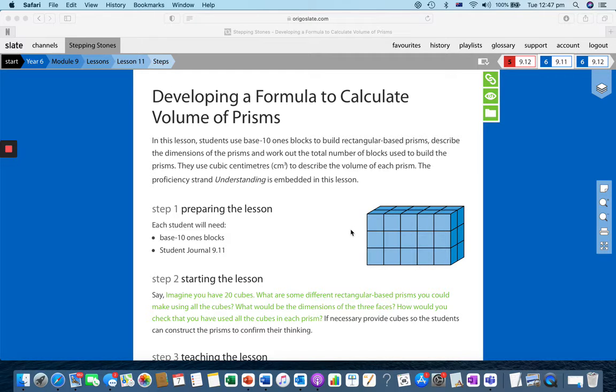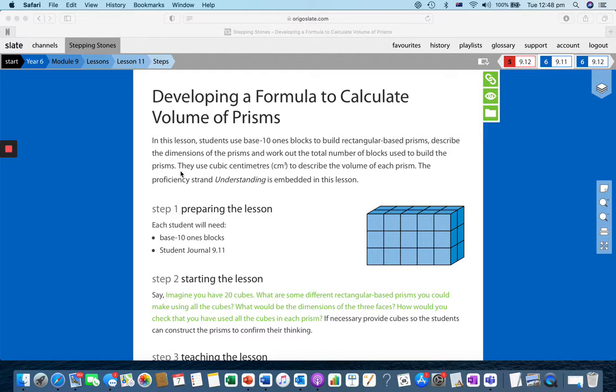Develop a formula and you will see how easy it is going to be. So it says that we will need the base 10 blocks to build rectangular base prisms. We will not be doing that, but we will be describing the dimensions of prisms and working out the total number of blocks used to build the prisms.